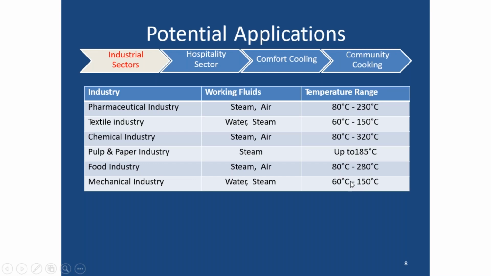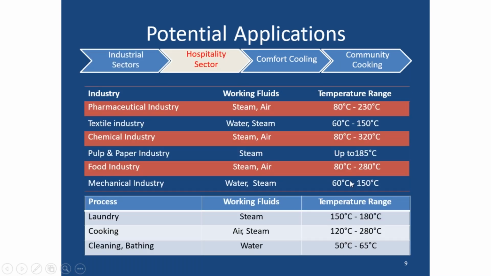Now again I am coming to the hospitality sector. I have just discussed this. In the laundry we need a huge amount of steam. And in conventional form, how are we getting this steam?